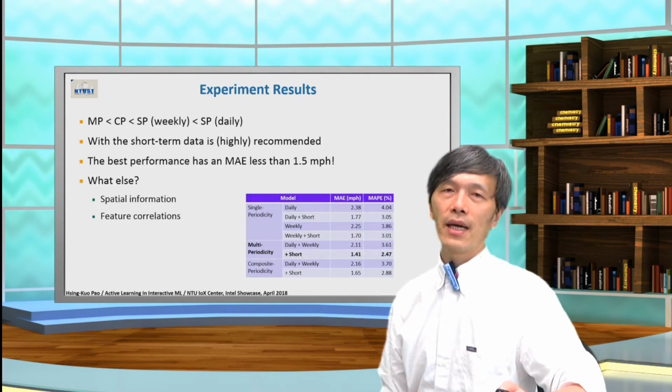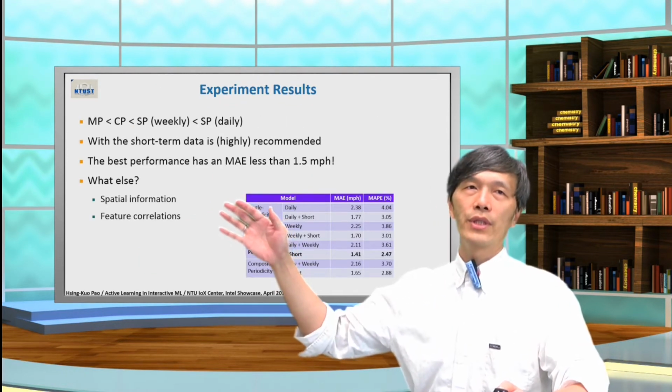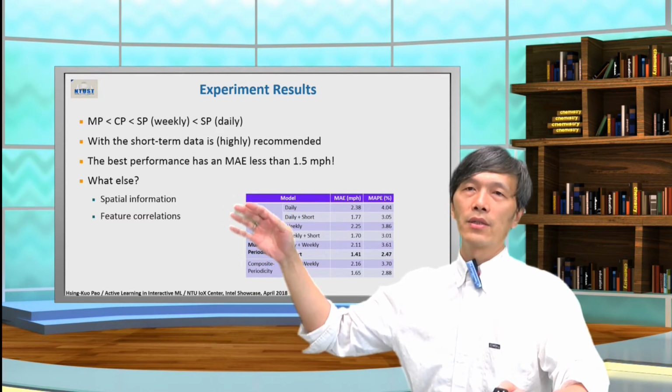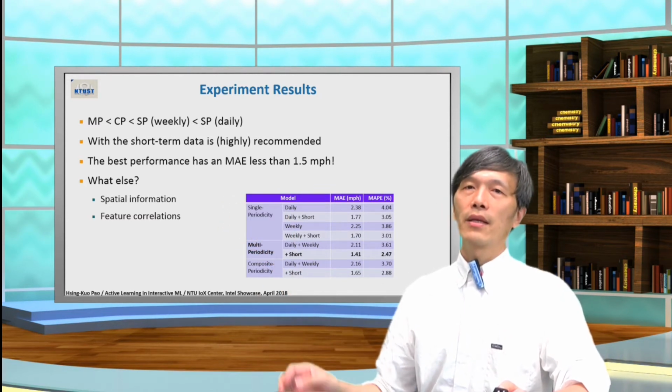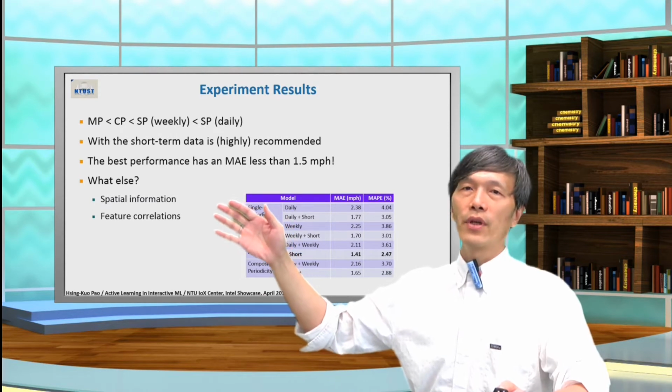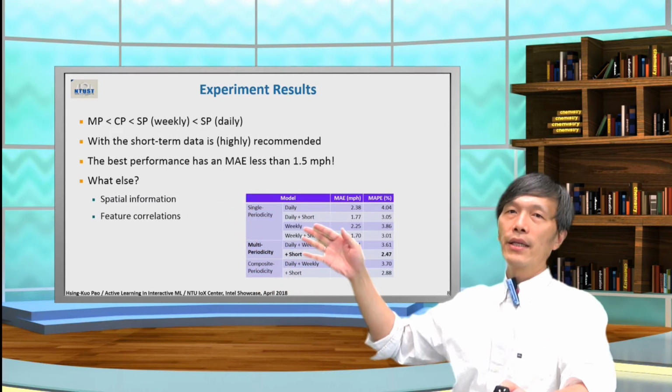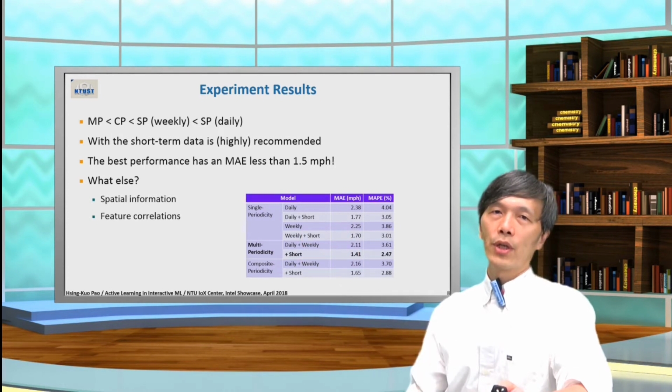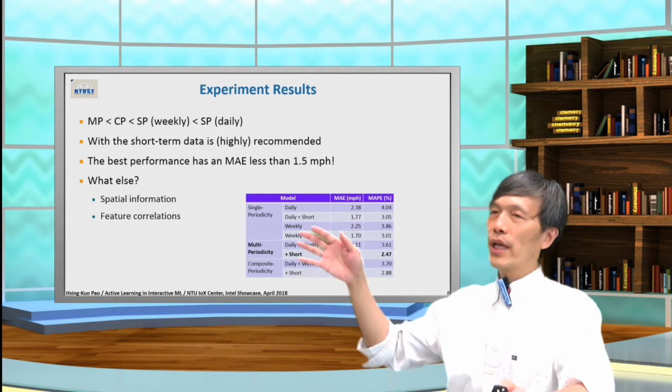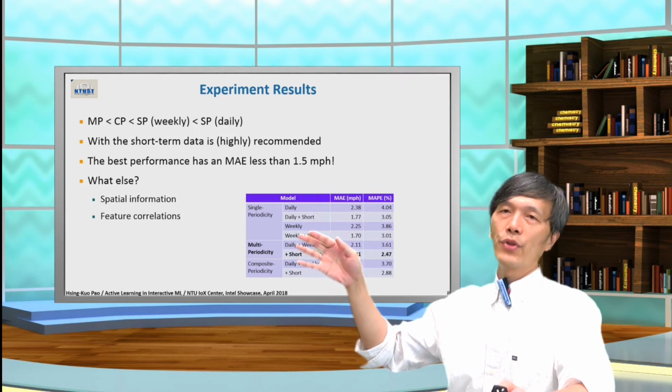In this study we have been using a Gaussian process as we just described, combined with several different aspects such as daily and weekly periodicity and also short-term behavior. Combined together, we can predict the future.